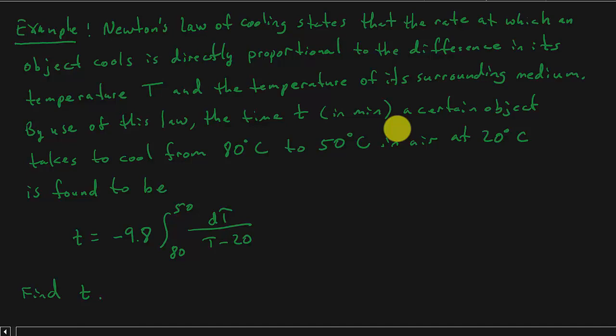It says Newton's law of cooling states that the rate at which an object cools is directly proportional to the difference in its temperature, capital T, and the temperature of its surrounding medium.